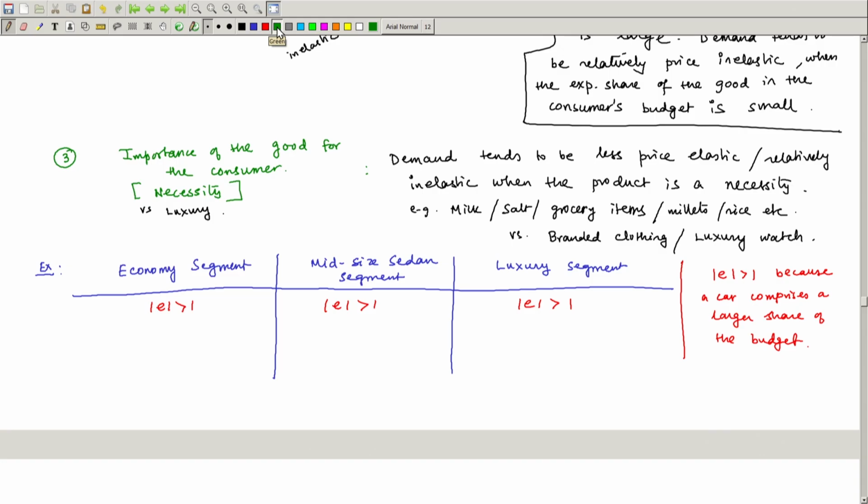So, for example, if I am looking at the economy size segment cars, I will have, let us say, a WagonR, right, an i10, I will have a Tata Punch, there might be a Renault car, right. So, there are multiple cars available, so more substitutes available for this particular segment, right.